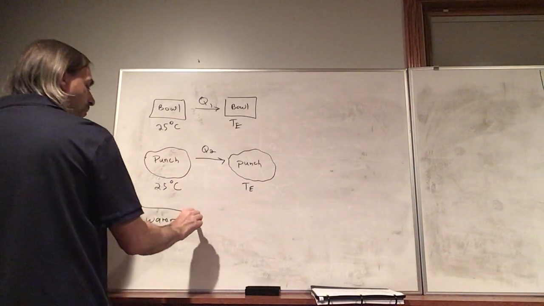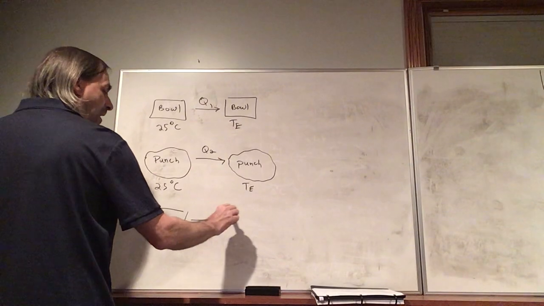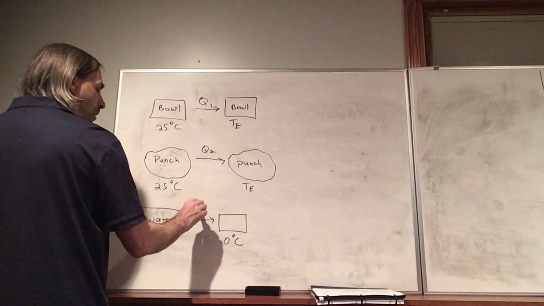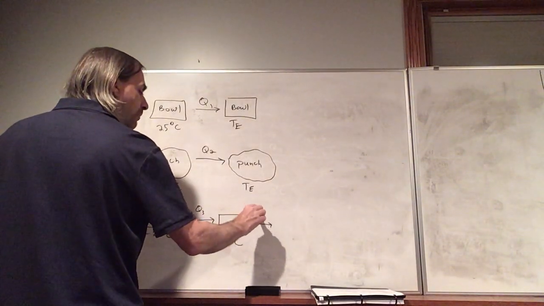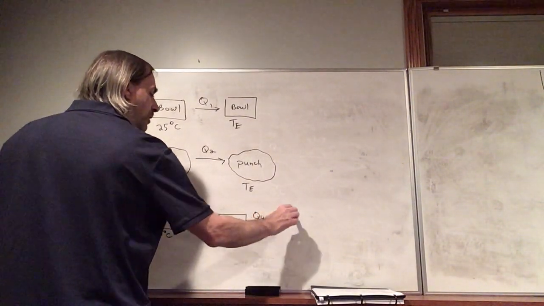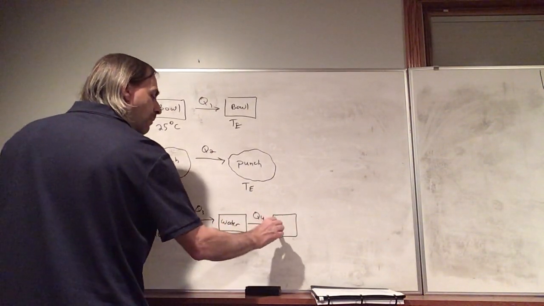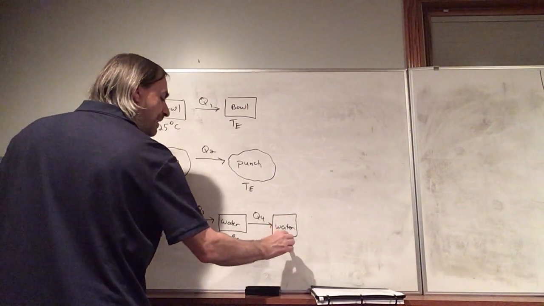Now the water is going to go through all these steps we had before. First it's ice. It's going to heat up to 0 degrees Celsius. That would be Q3. Then it's going to melt, which would be Q4. Once it melts, it's still at 0.